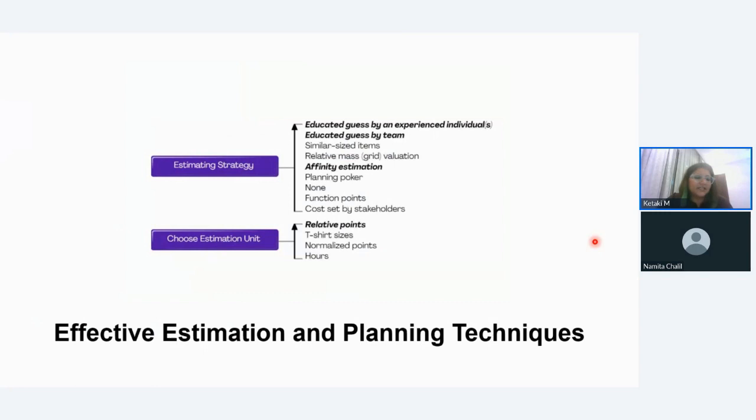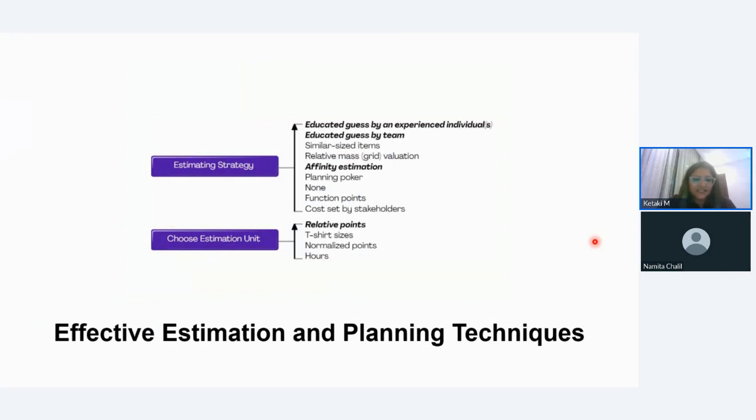If you're following Scrum-style agile, affinity estimation is another estimation strategy. Relative mass grid valuation, I'm not going to go deeper due to the time constraint, but I'm happy to answer any of these estimation strategies in detail. If need be, please drop in your email address and I'll be very happy to explain these estimation strategies to you.